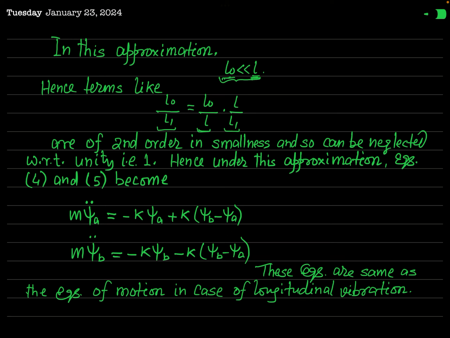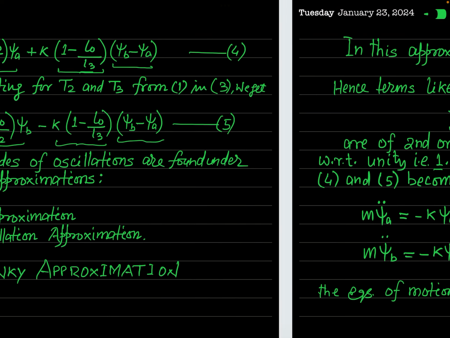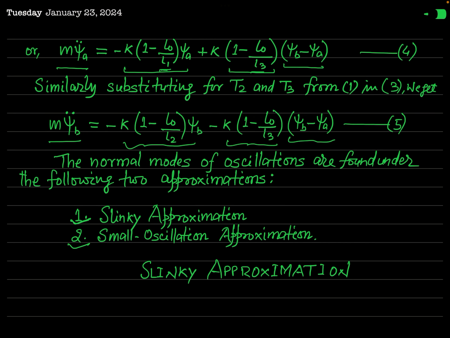So this is actually second order smallness, and so can be neglected with respect to 1, because L naught is much smaller than L1. So in Slinky approximation, we will simply neglect L naught by L1 in comparison to 1, L naught by L3 also in comparison to 1, and L naught by L2 will also be neglected with respect to 1.